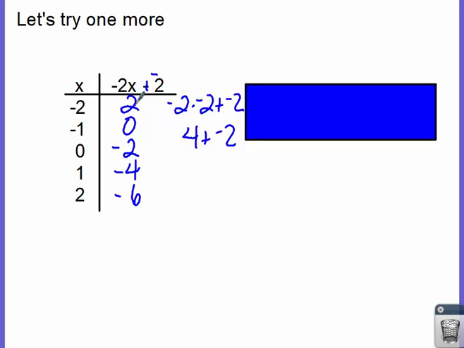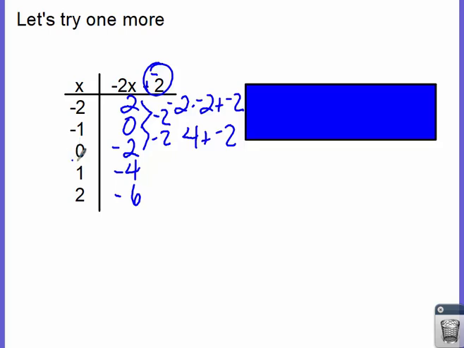So there are some patterns happening inside this T-chart that I need you to see. One is that the pattern on the right-hand side does connect to the pattern with this number right here. So here I am decreasing by 2. That number right there tells me I'm going to decrease by 2. This number right here is always going to be associated with the x value of 0.